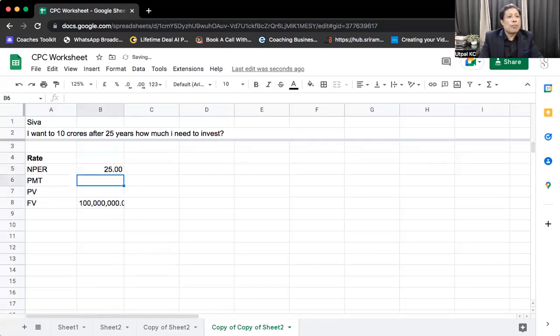Now tell me, Siva Teja, do you want to do systematic investments, meaning every year you will put something, or are you going to put a lump sum? Lump sum means today only. SIP, every month or every year?